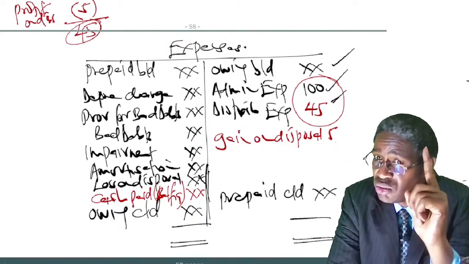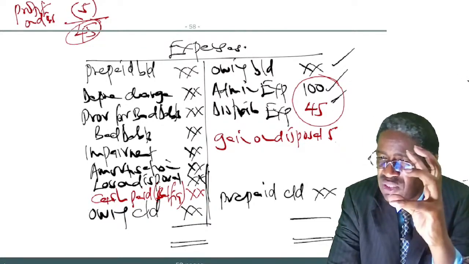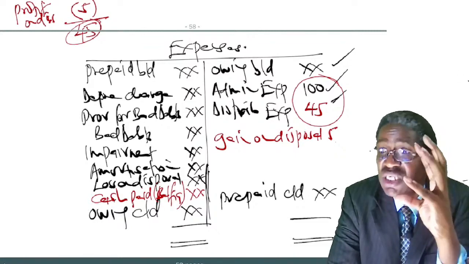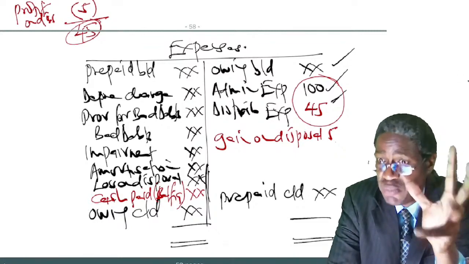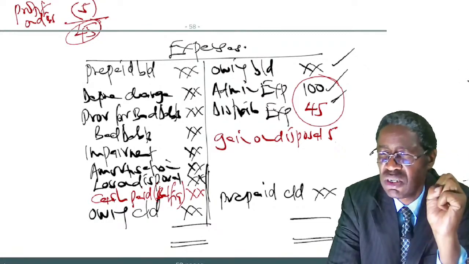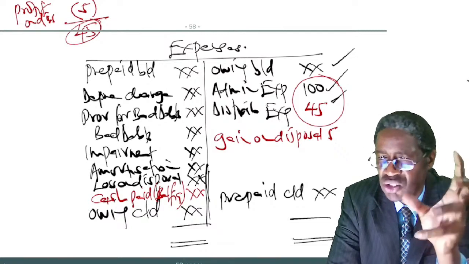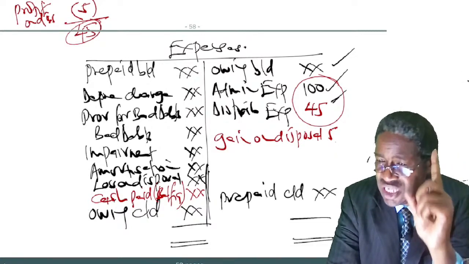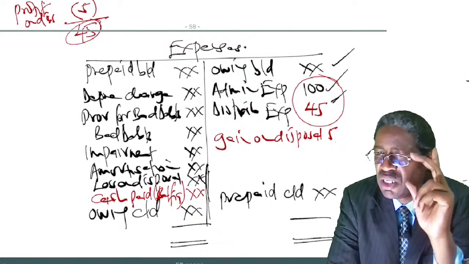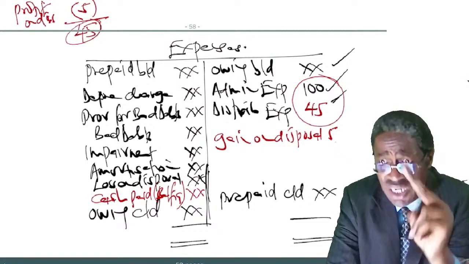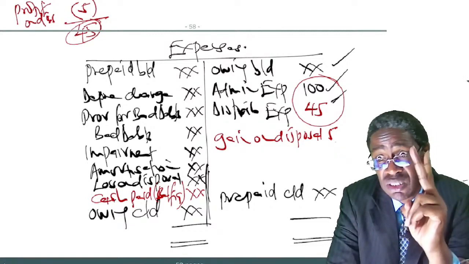Then I've told you, ask yourself, within the charges, are there non-cash items? Yes: depreciation, provision for bad debts, impairment, bad debts, amortization, and so on. Then I've told you, that's the key point: gain or loss on disposal. Are they non-cash items? Yes.